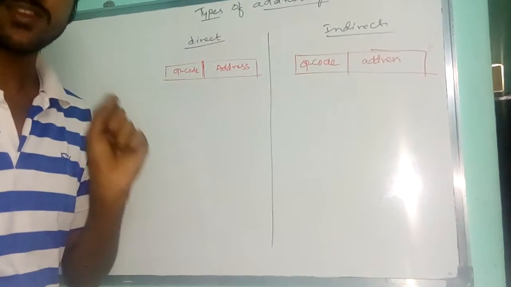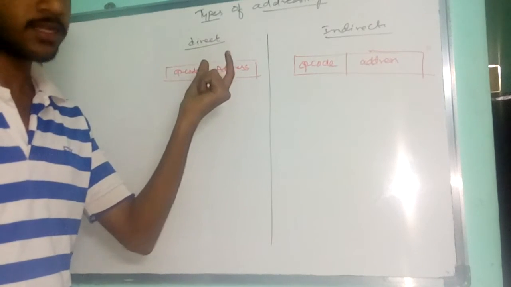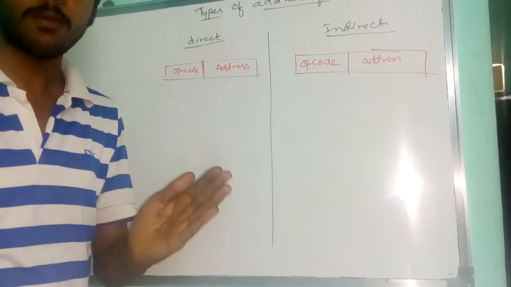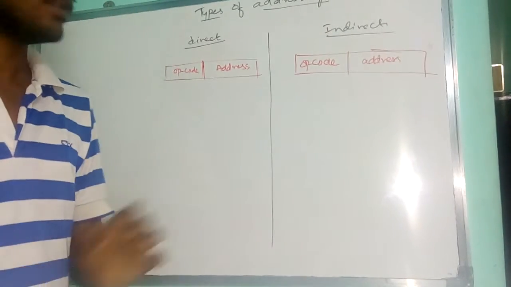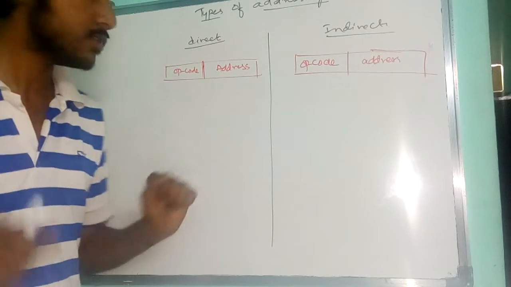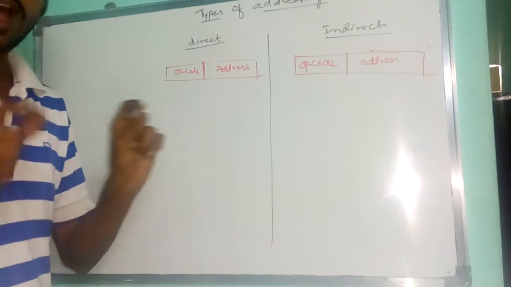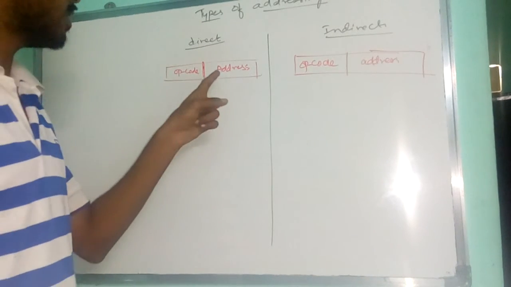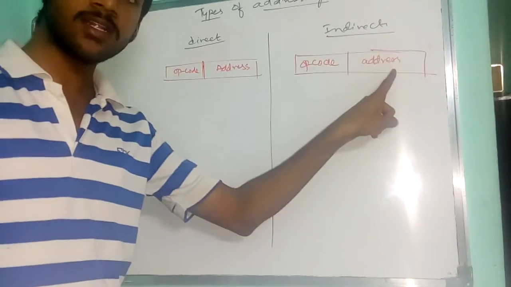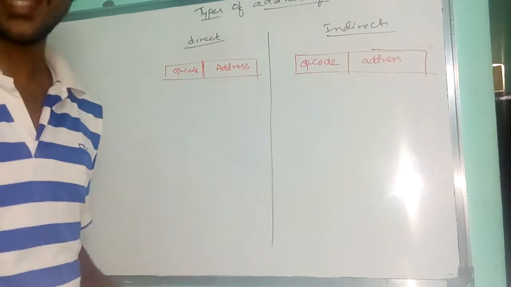Whenever the address is specifying the address or memory word of the operand, then it is called indirect addressing. See the difference? If this address shows the operand directly, then it is called direct addressing. When the address shows the memory word of the operand, then it is called indirect addressing.